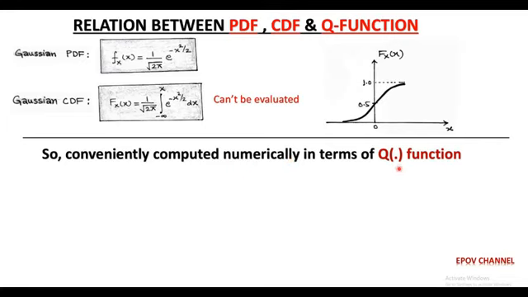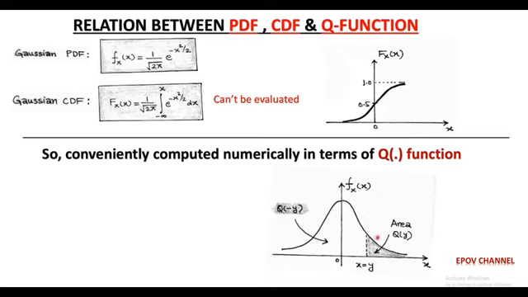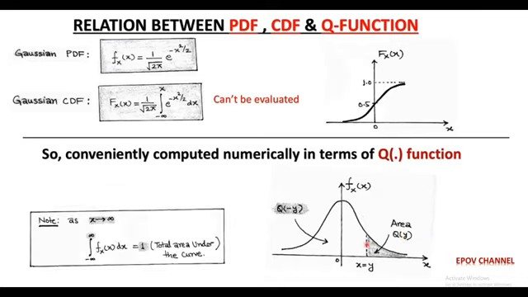So the Gaussian CDF can be evaluated in terms of the Q function, which equals the area under the positive tail of the Gaussian PDF. Now, according to the property of the Gaussian PDF, the total area under the Gaussian PDF curve is unity. So the remaining area other than the Q function is denoted by Q of minus y, and it is simply equal to 1 minus Q of y.